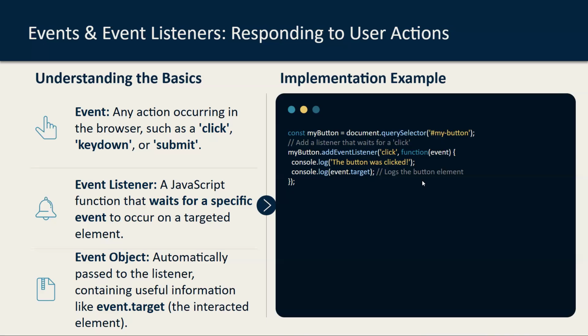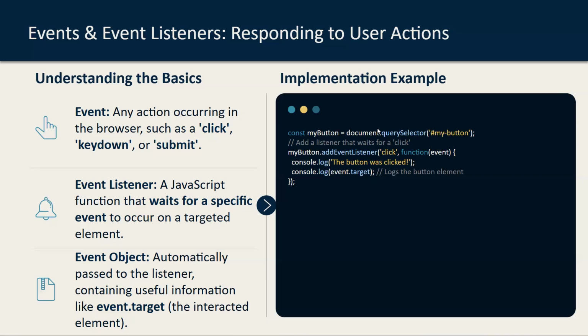When that event occurs, JavaScript gives us something called the event object. That object contains useful details about what happened, including things like the element that triggered the event. In this example, we first use querySelector to target the button, and then we attach an event listener with the addEventListener method, in this case for a click event.